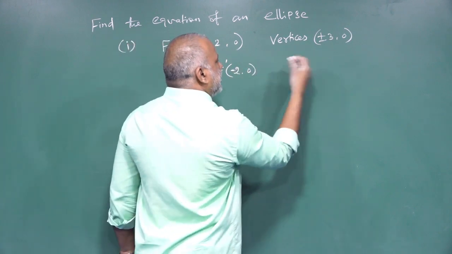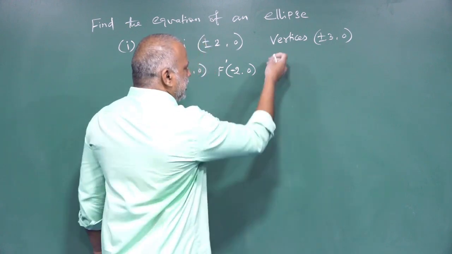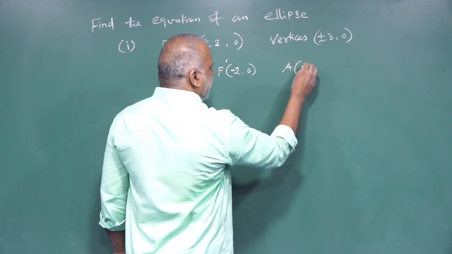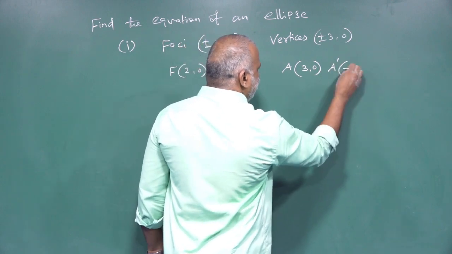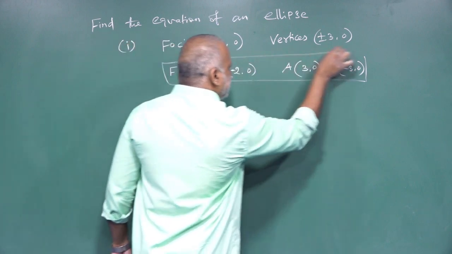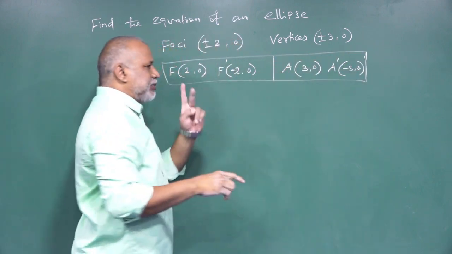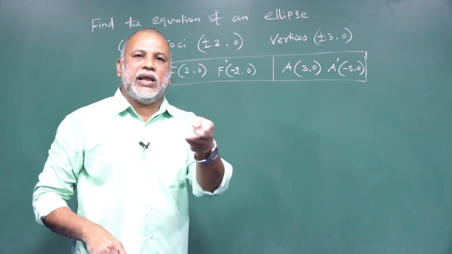The same logic for vertices, already I am explaining. Vertex is singular, vertices is plural. Here, A is denoted by A 3, 0, A dash minus 3, 0. So you have to analyze the given data. There must be 2 foci, and there must be 2 vertices for an ellipse.